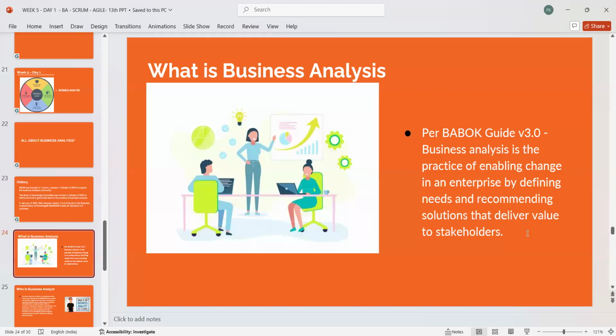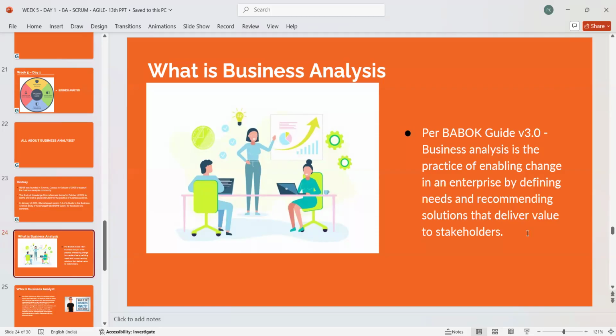What it says is, as per BABOK, business analysis is the practice. First of all, it's a practice of enabling change in an enterprise. So it's a practice of creating or enabling or identifying a change or implementing a change in an enterprise, that means in an enterprise setup, in an organization.